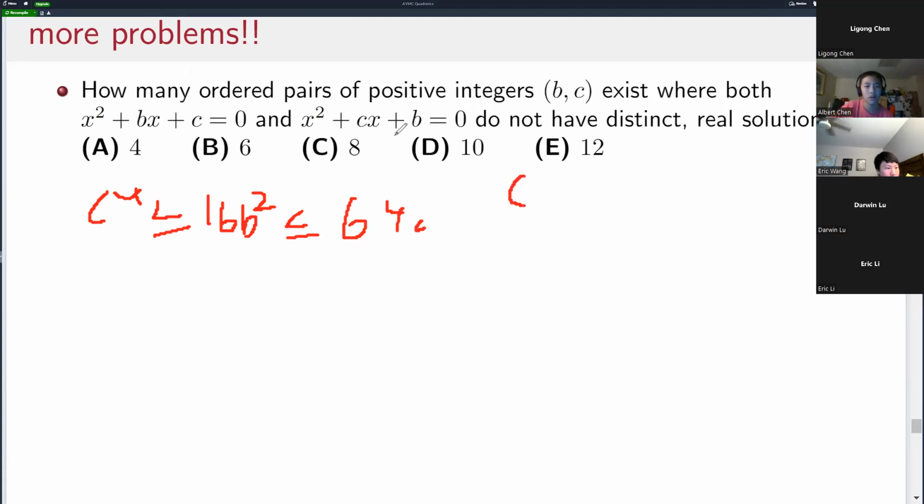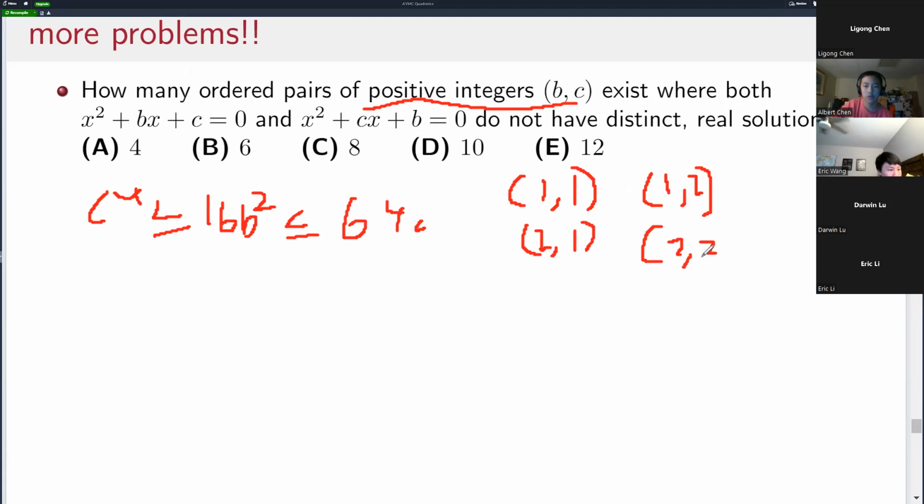Since they both have to be positive integers, it could be (1, 1), (1, 2), (2, 1), (2, 2), (3, 3), and (4, 4).